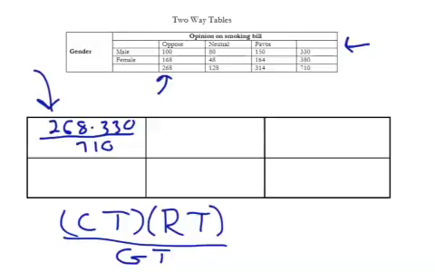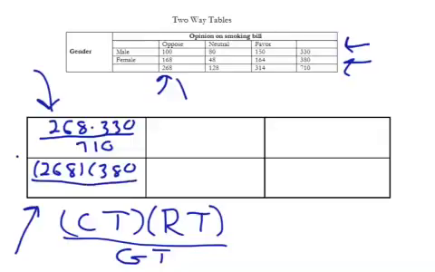You can stop the video right now and try it and see if you can do this bottom cell right here. Alright, I hope you tried it. I'm back. So we'll take 268, we'll go grab 380, and divide by 710.